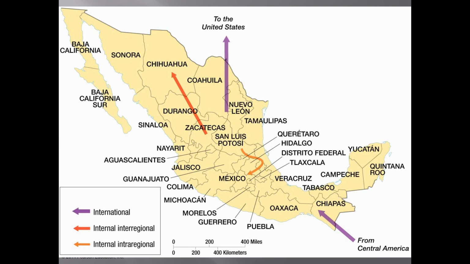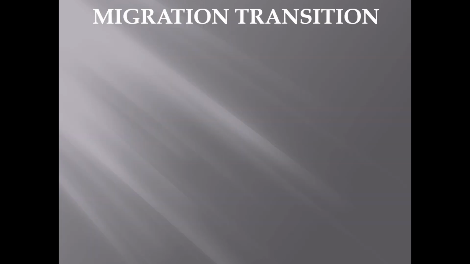We also have intra-regional. We have the city-states immediately around Mexico City having folks move into the urban areas of Mexico City. So they're in the same state, or state surrounding the city, and they are relocating into it, which means, again, internal migration, only in this instance, intra-regional.